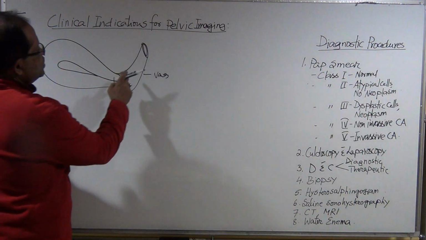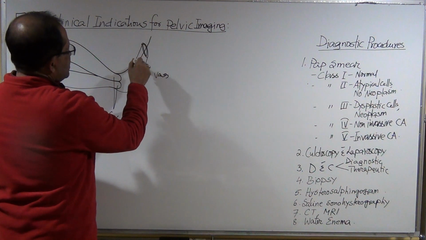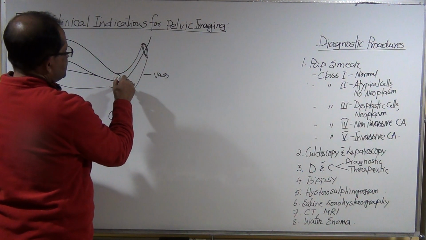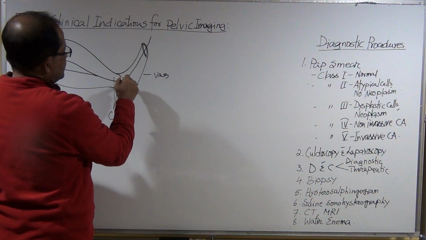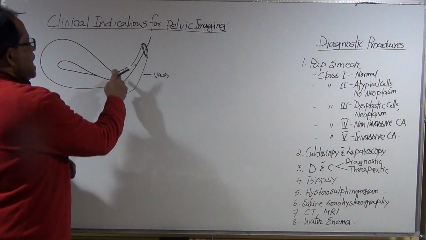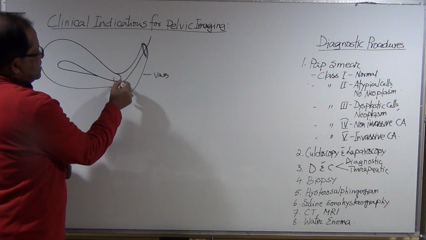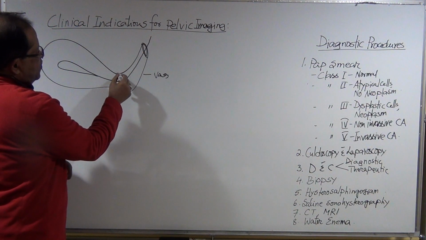Okay, so they will insert the cotton tip through the vagina and they will touch on the cervix, and look, this is the fornix area, this is the external os, and this is the fornix area.